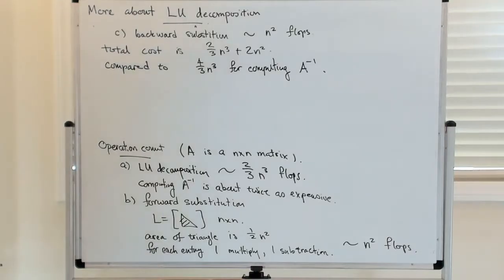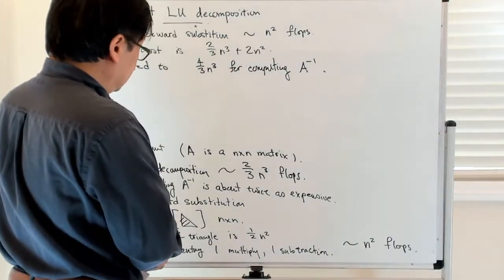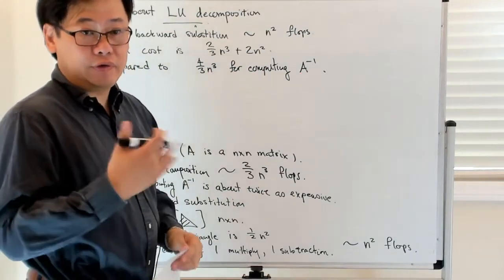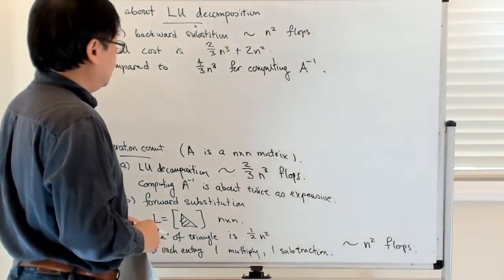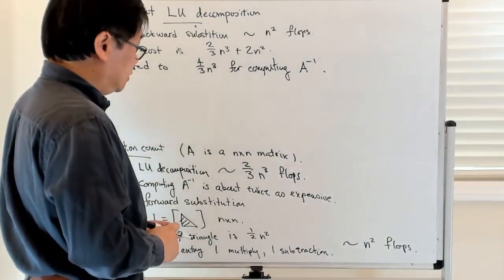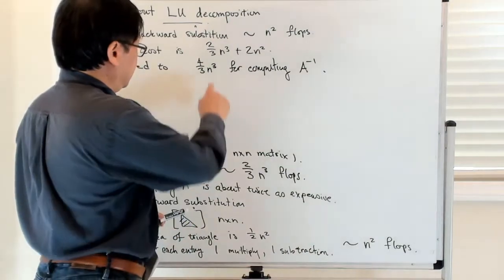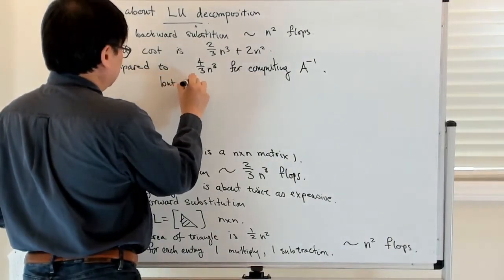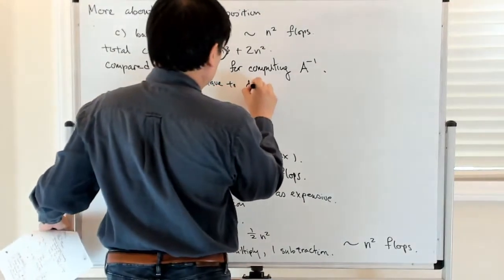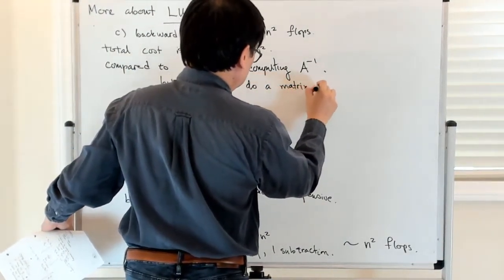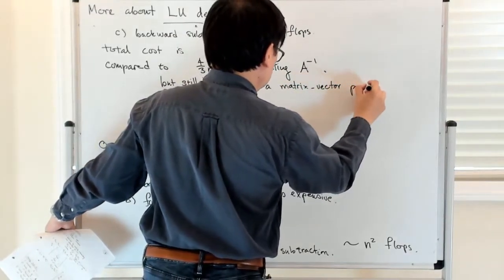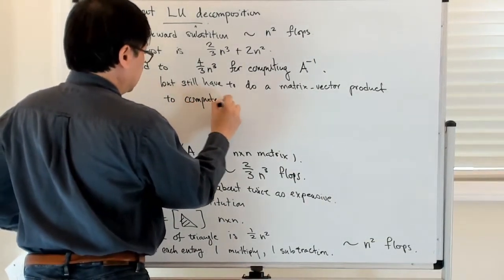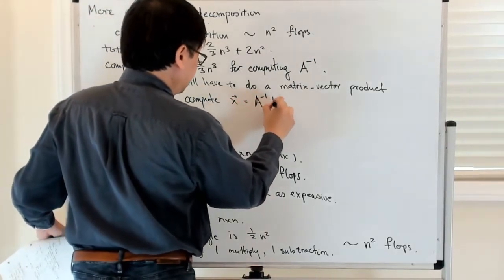But let's think about it for a second. You take 4/3 n cubed operations to compute A inverse, but if you compute A inverse, you still have to do a matrix vector product in order to actually compute the solution, x as A inverse times b.